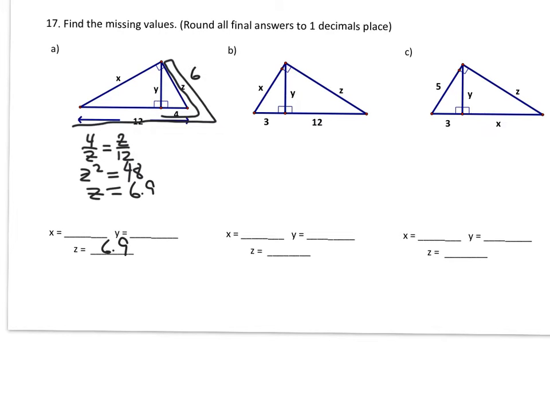Then with that 6.9, when we mark the diagram, a next step could be to find the y value. One way would be to say that if the entire distance is 12, then that distance is 8. So setting up a proportion, we could set up 8 is to y as y is to 4.